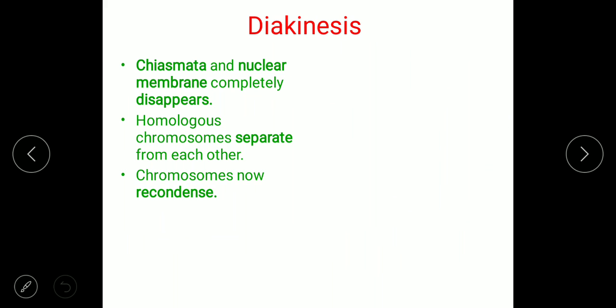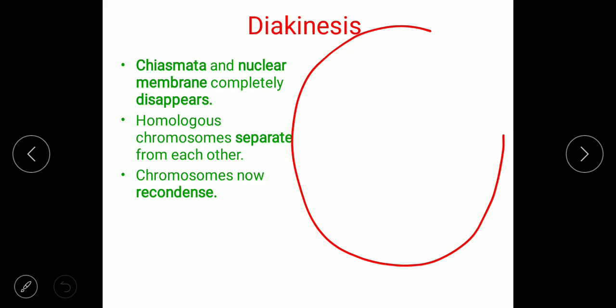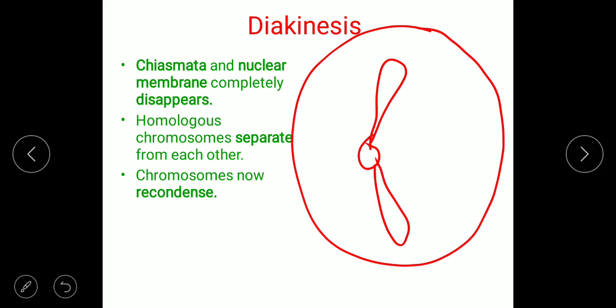Next phase is Diakinesis. The chiasmata and the nuclear membrane completely disappear, and the homologous chromosomes separate from each other. Now we will see the separated chromosomes like this.